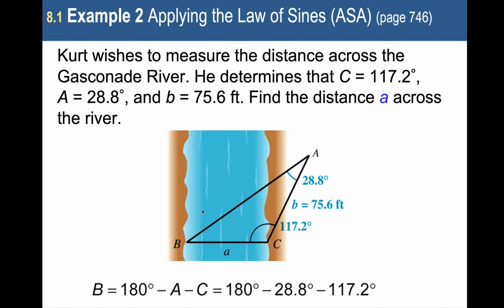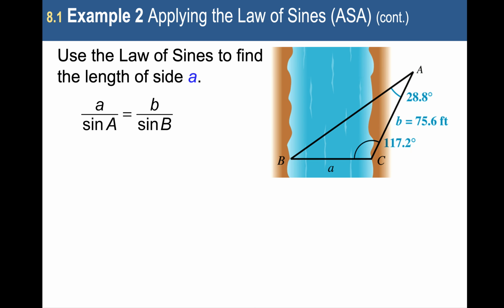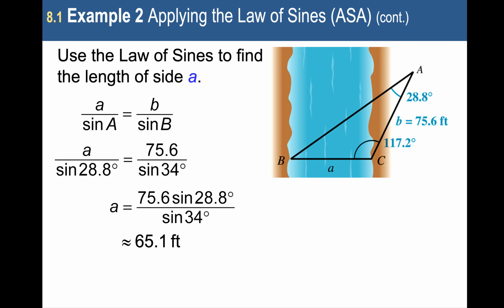However, I can use the fact that there's 180 degrees in a triangle to solve for B. Now I have a pair. Once you have a pair, then you can apply the law of sines. So I'm going to use my little a, being the length across the river, over the sine of 28.8, equals capital B's side, 75.6, divided by the sine of 34. I'm going to cross multiply and get 65.1.